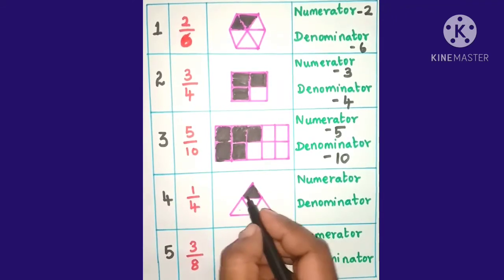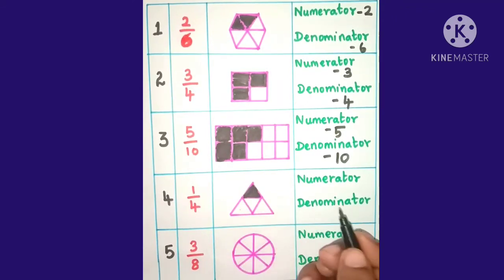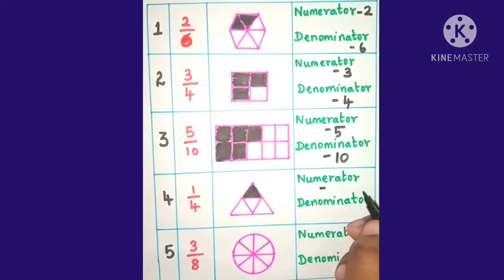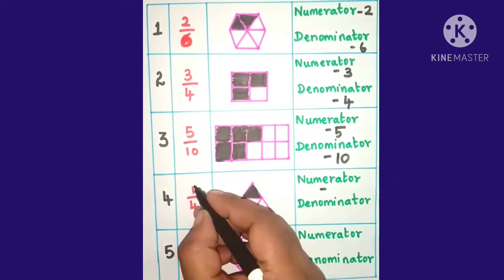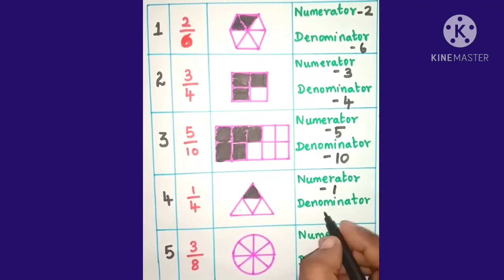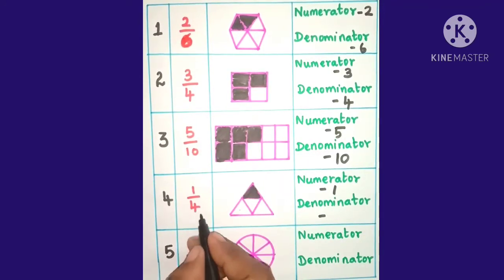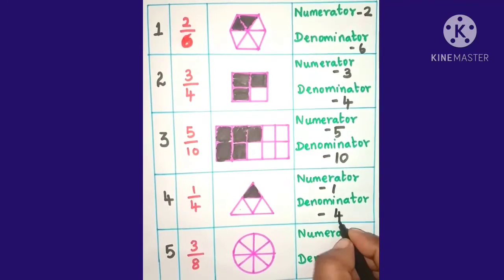From the 4 parts we are shaded only one part. So the numerator, here is the top digit and the shaded portion is 1, and the denominator, total number of parts, and the bottom digit is 4.